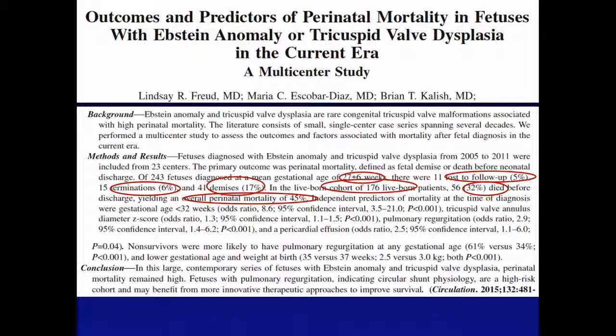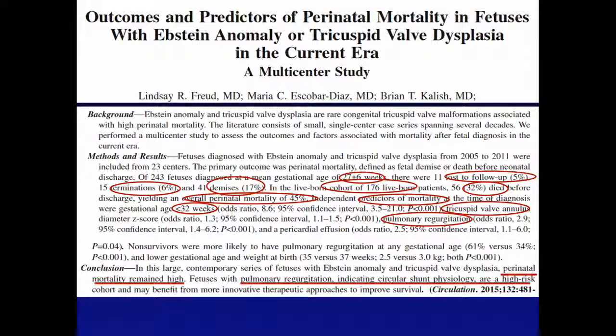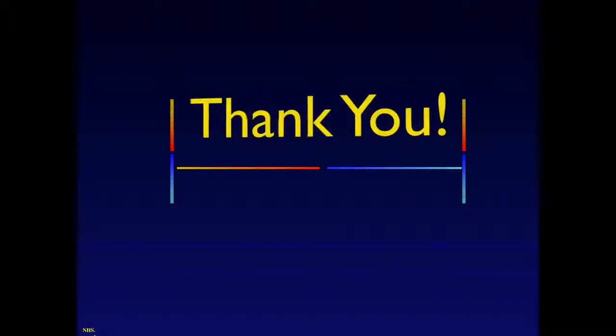If you only look at the first 5 years, obviously you're not going to have as many deaths. But if you look at it over teenage life, there is a substantial decrease. And the predictors of mortality, when you find it in the fetus, are diagnosis less than 32 weeks, tricuspid valve annular Z-scores which are large, and pulmonary regurgitation, which sets up the circle of death. So I thank you very much for your attention, and I hope this has been helpful for you.